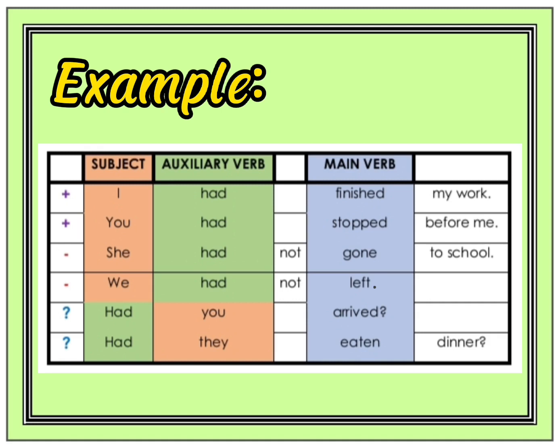For negative sentences, we insert not between the auxiliary verb and the main verb. For question sentences, we exchange the subject and the auxiliary verb. That is how past perfect tense works.